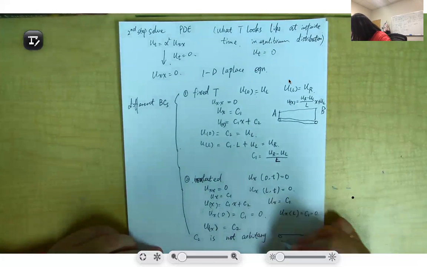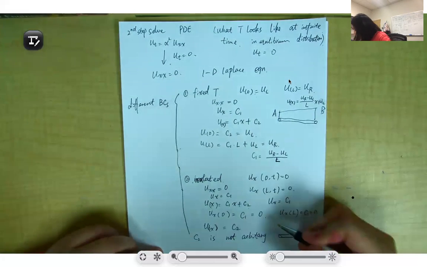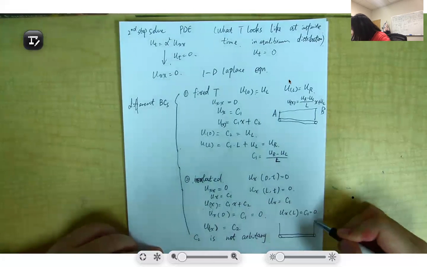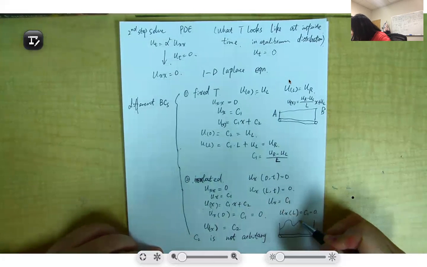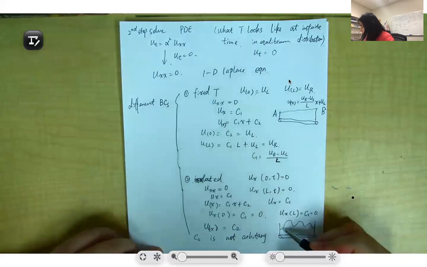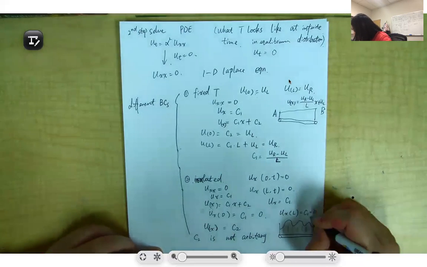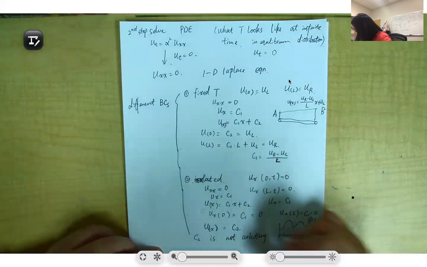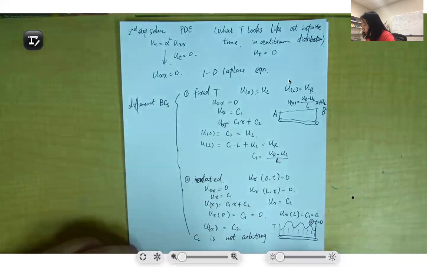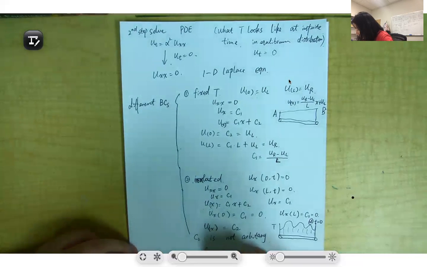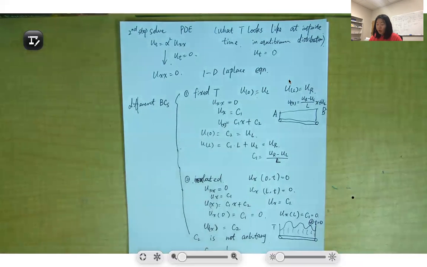You probably will have some initial condition, where the initial condition is the temperature through the rod at initial time. At t equals 0, this is the temperature distribution. Then in the end, C2 should be the average of all the temperature at infinite time.